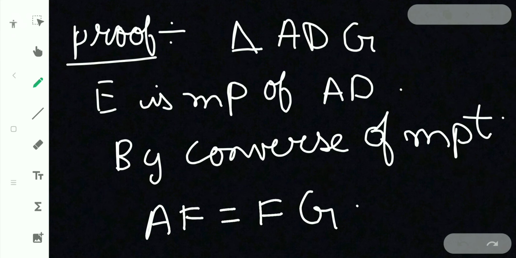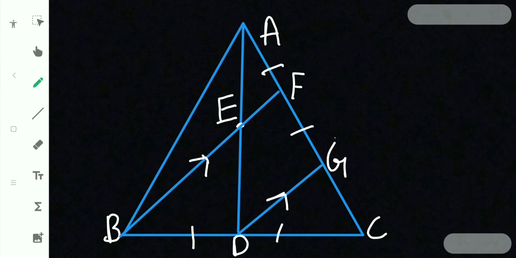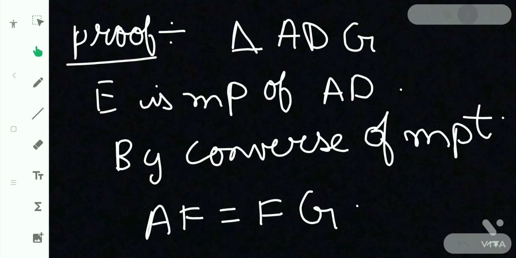Now in triangle BFC, you know, as this is a median, D is midpoint of BC. We know that, right? As it is a median, it bisects the side into two equal parts. So BD will be equal to DC.